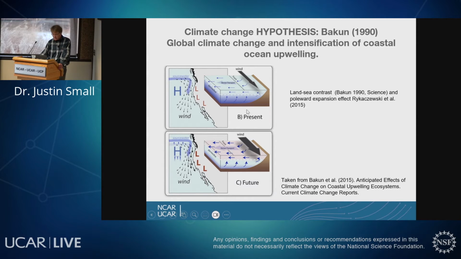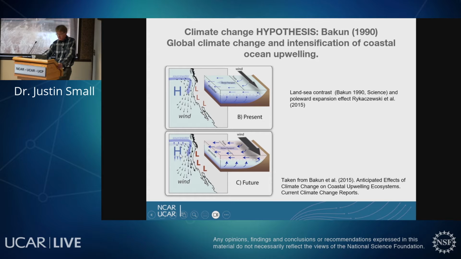So that's what's shown as you go from this schematic, from a 2015 paper, shown at the bottom. As you go from present day to future, these wind vectors strengthen. This is representing a relative thermal low over the continent. It gets stronger due to the warmer temperatures under climate change. So you have stronger winds.